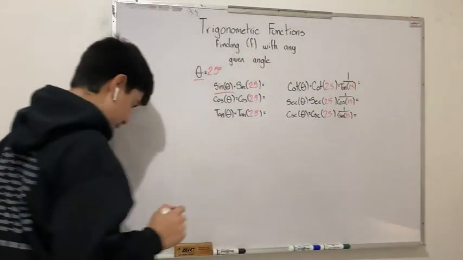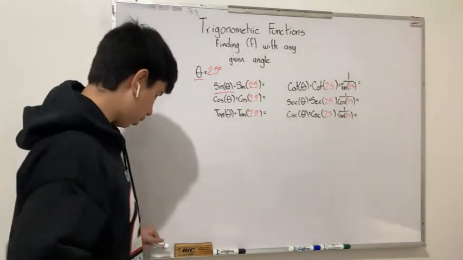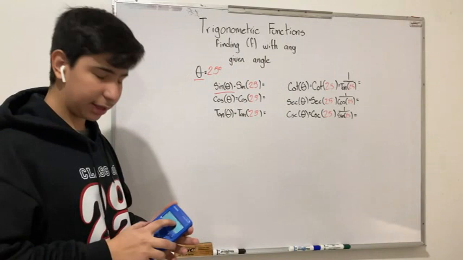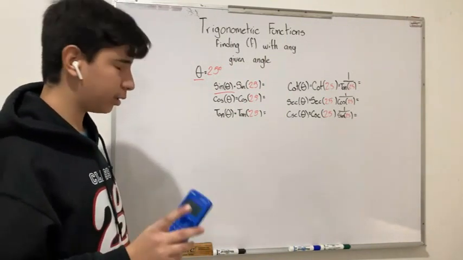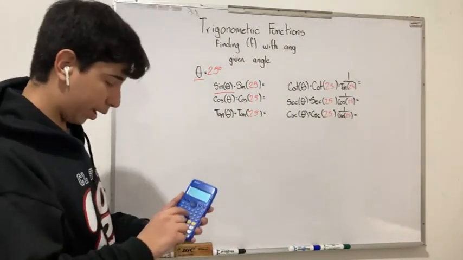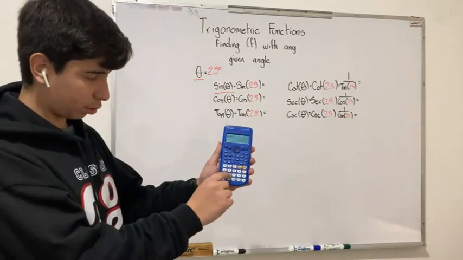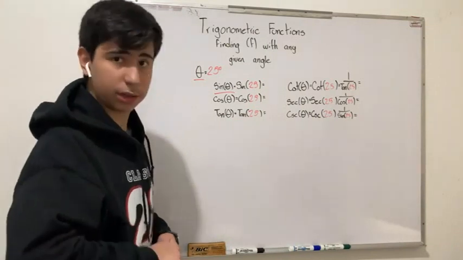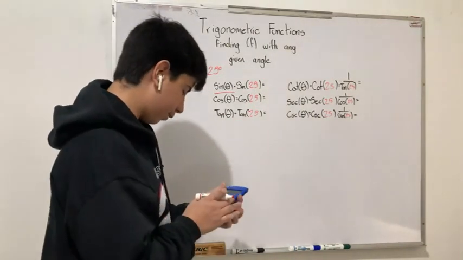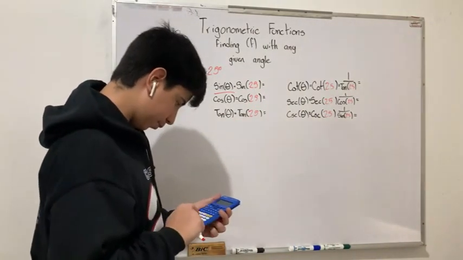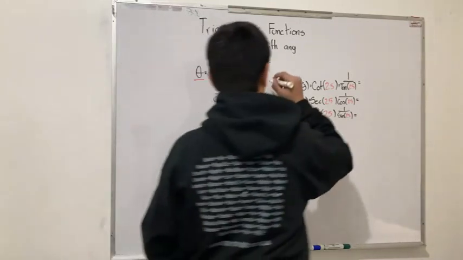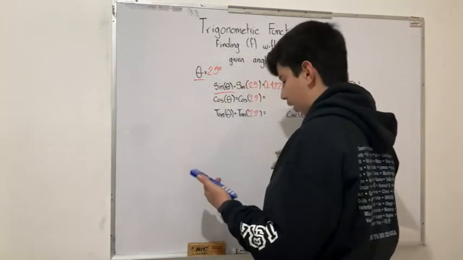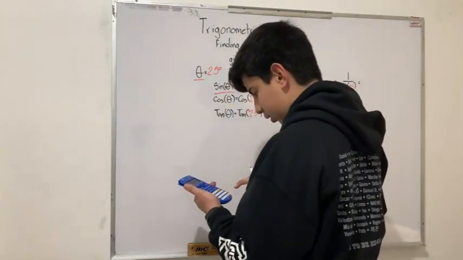When I have this, I take my calculator, check that it is in degrees and not radians, and I use sin 25, which gives me the answer. So sin 25 is 0.4422.